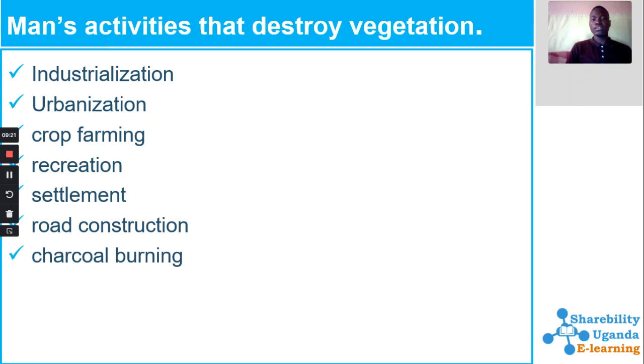Charcoal burning, through destroying forests, cutting down very many trees to make charcoal. So these human activities destroy vegetation and result in global warming, because vegetation helps us preserve the environment by reducing global warming.